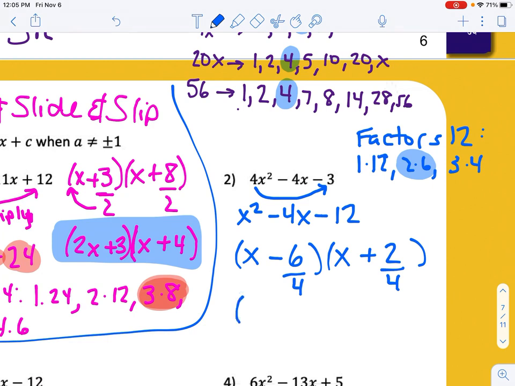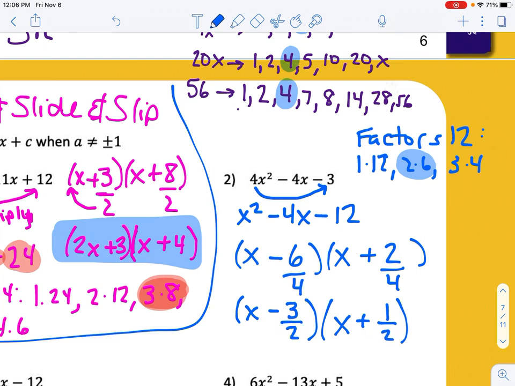They're actually both reducible. We end up getting x, and then reduce 6 over 4 to 3 over 2. And x reduce 2 over 4 to 1 over 2. And then if you notice, we have a denominator left here.